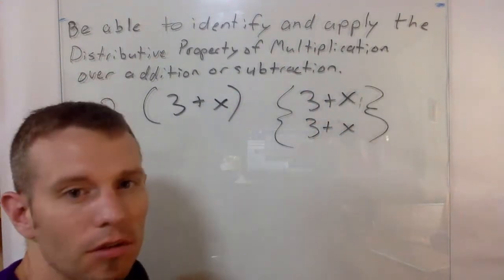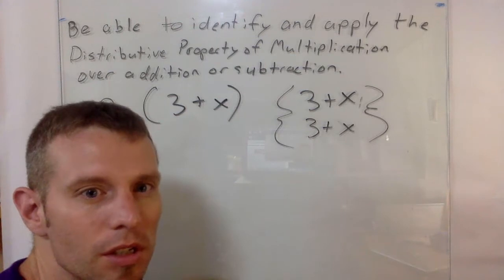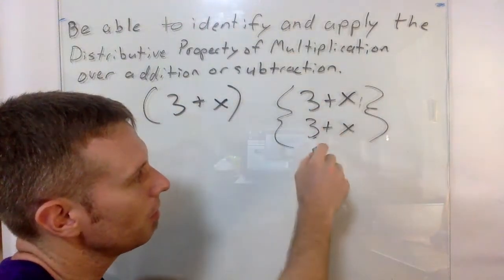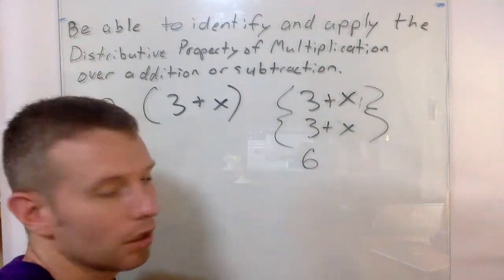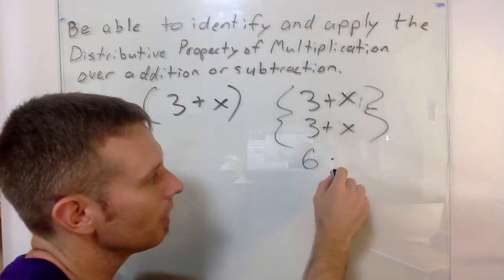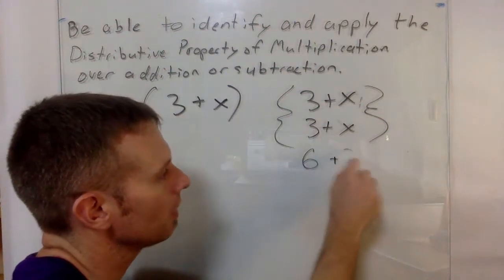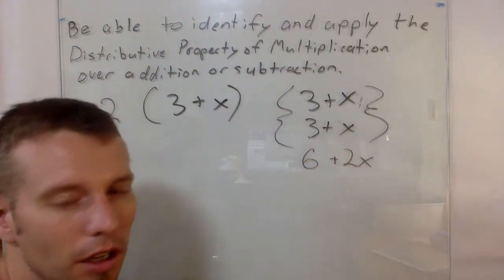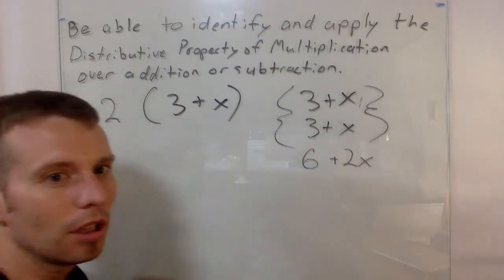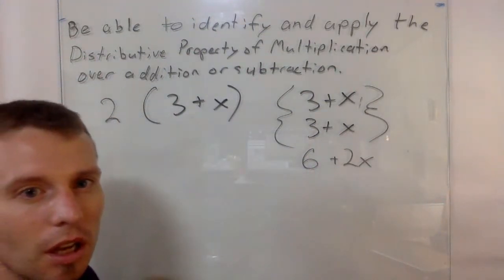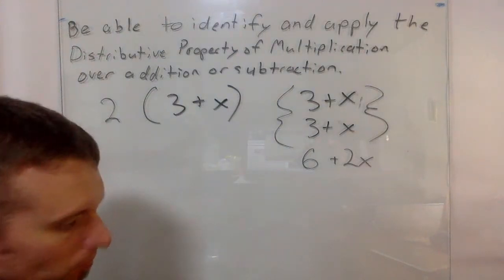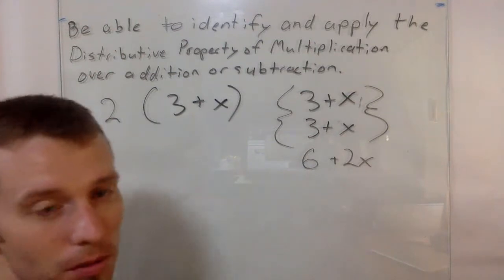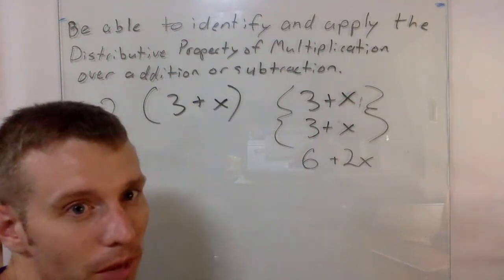So instead of doing this, we can also see that 3 plus 3 is a total of 6, and x plus x is how many x's? That's 2 x's. This wasn't too bad because it was a 2 in the front and not some bigger number, but another way to do that is this. We simply distribute. Distribute means distribute the handouts, distribute the worksheets, that means pass it out, right?